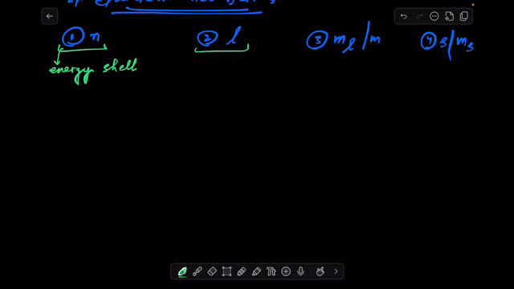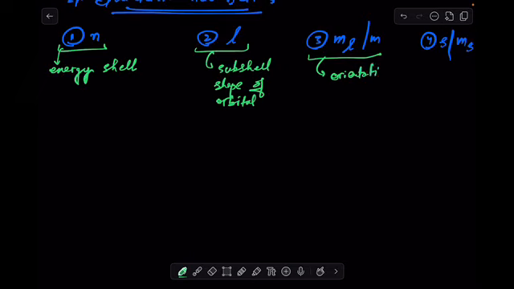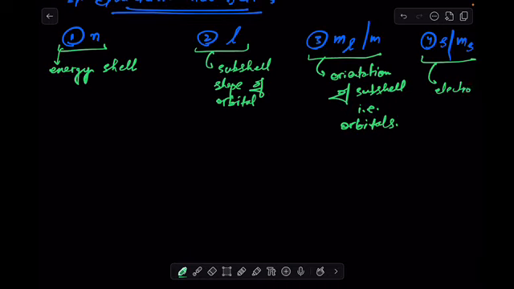Whereas l is going to specify the subshell, shape of the orbital, whereas ml or m is going to specify the orientation of the subshell. Orientation of the subshell means it is specifying the orbitals. And lastly, s is going to specify the electron spin.